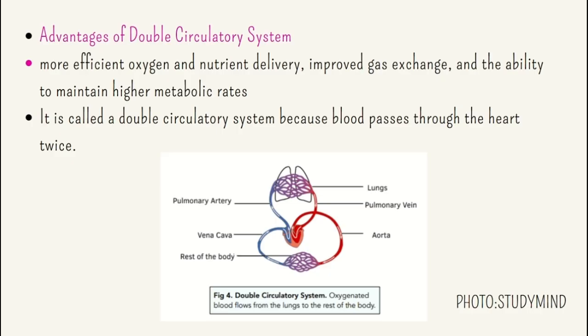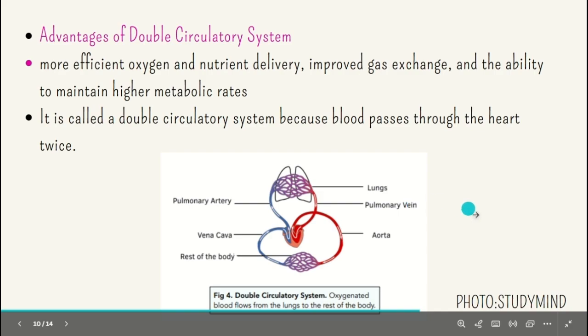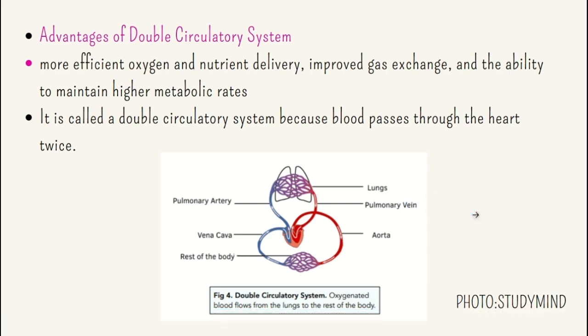So this is why the double circulatory system is necessary, and it's called that because it passes through the heart twice, right? Now if you look at this diagram, just bear in mind that the oxygenated blood gets oxygenated in the lungs, right? From the lungs, that is where it gets the oxygen from.